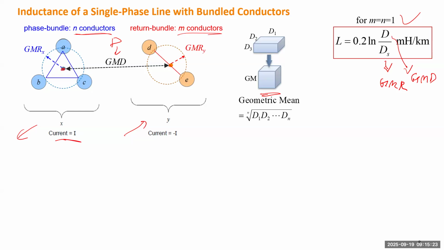To calculate the volume of this cube, we multiply the lengths of all the dimensions, then we calculate the geometric mean. This gives you the equivalent length of each dimension, which is like an average of the length in each dimension. So we can use the same idea to calculate GMD and GMR.